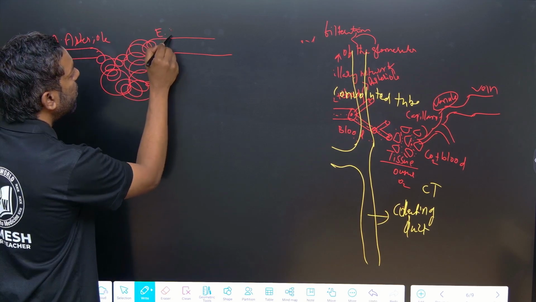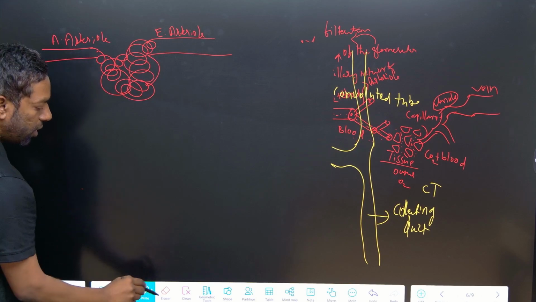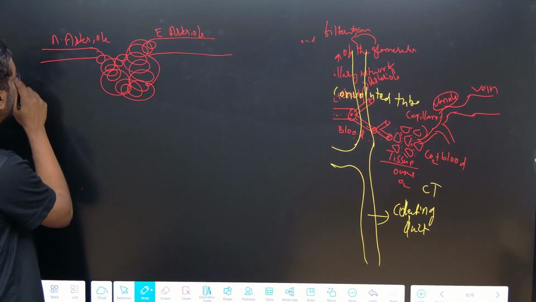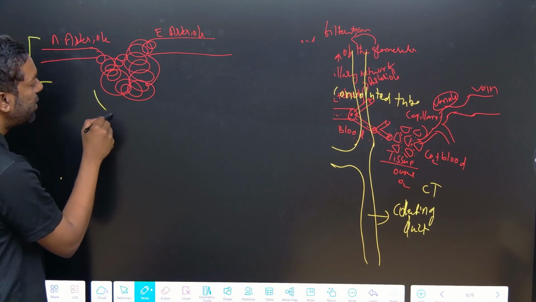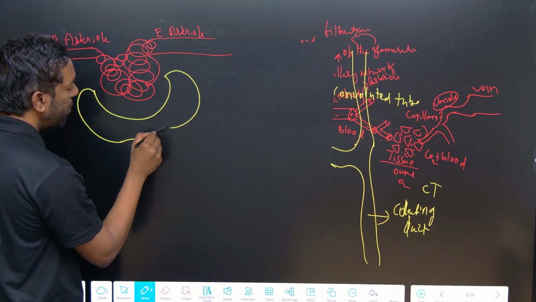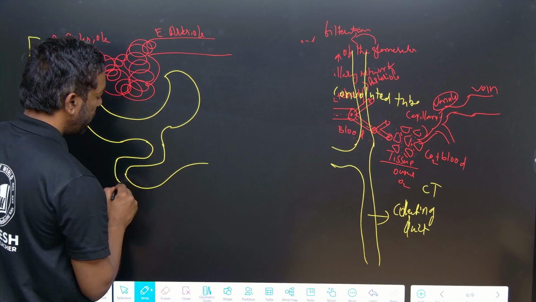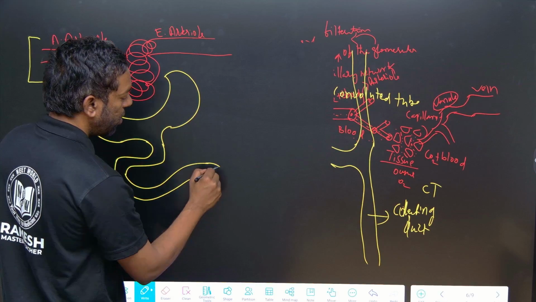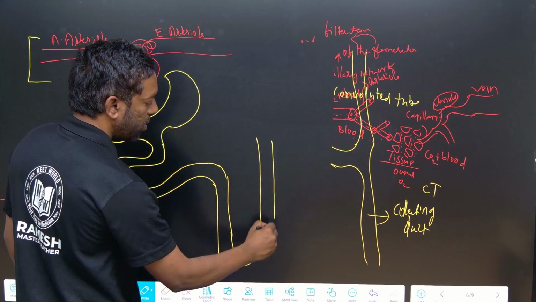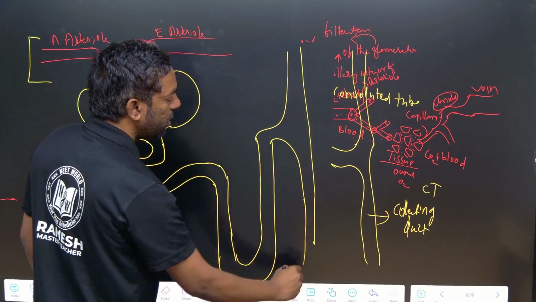This is the glomerulus, and this is one part of the kidney, and the next part is the renal tubule. This is the nephron, guys.